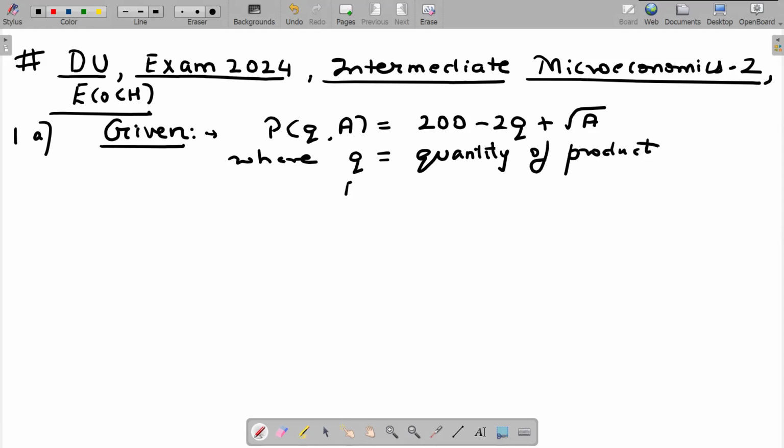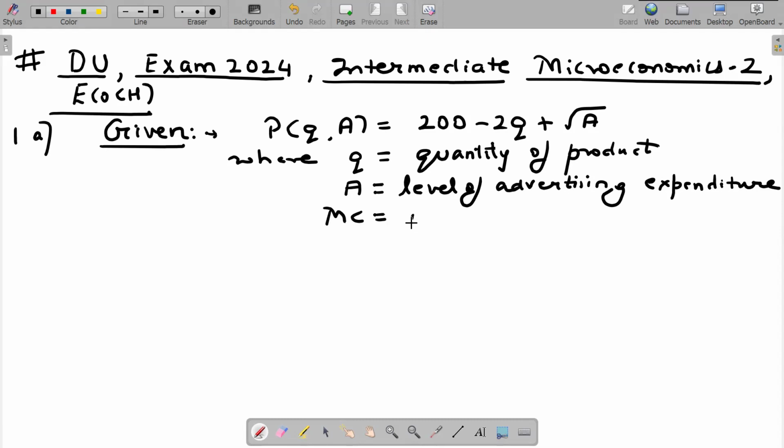A denotes the level of advertising expenditure. And we are given that the marginal cost faced by the monopolist is rupees 4.